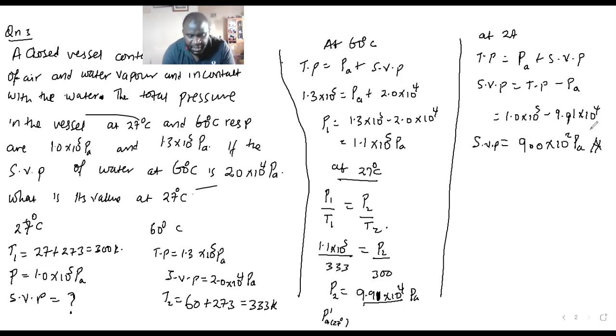Okay, so next time you need to read about boiling and evaporation. These are detailed, just like we started with saturated vapor pressure and unsaturated vapor pressure. They require you to know the physics behind it. So I will require you to read a lot about boiling and evaporation so that by the time we come for the discussion, you have a brief idea about it.